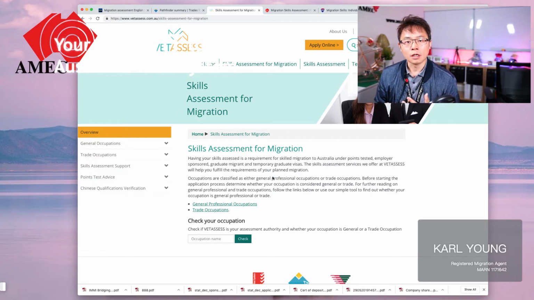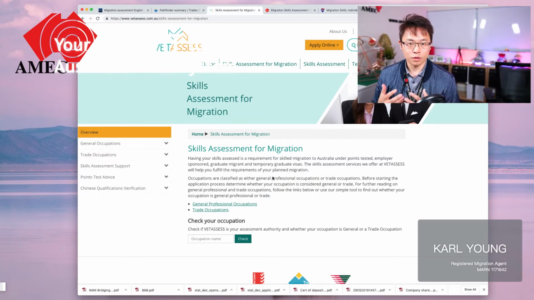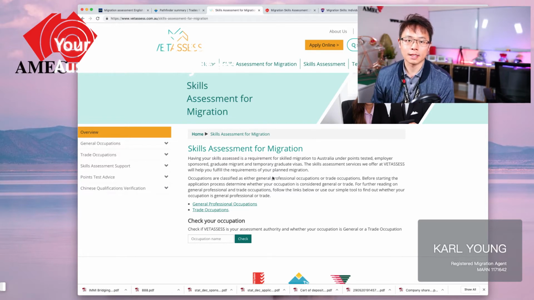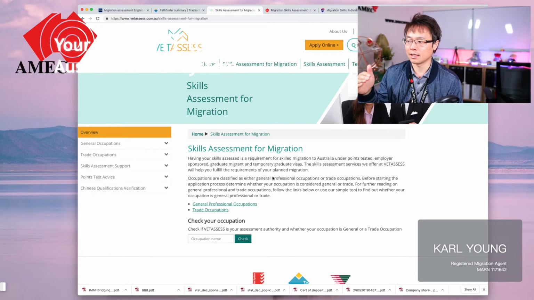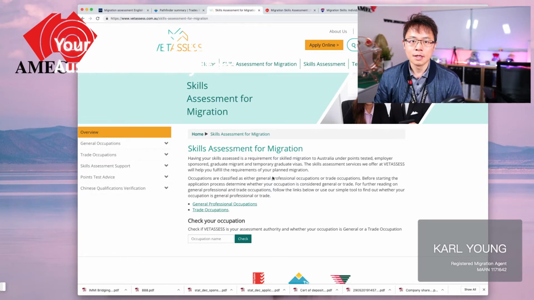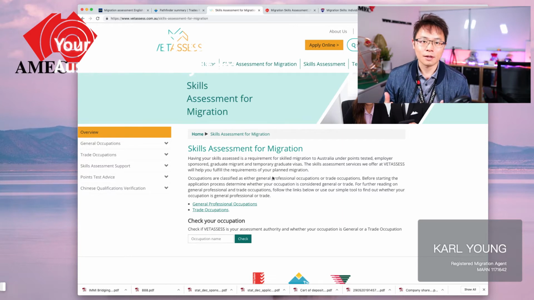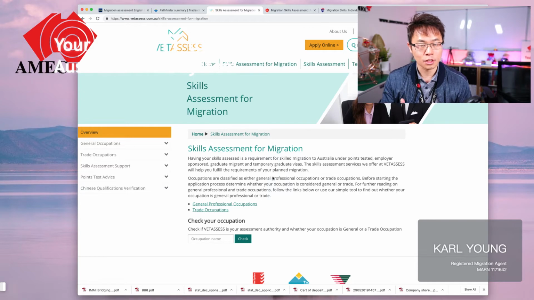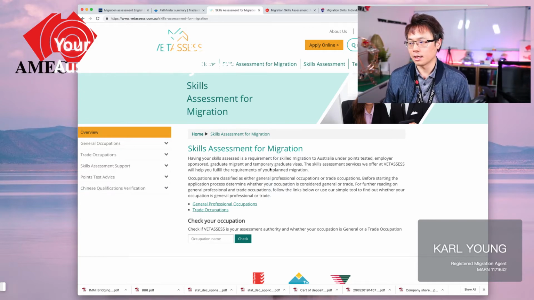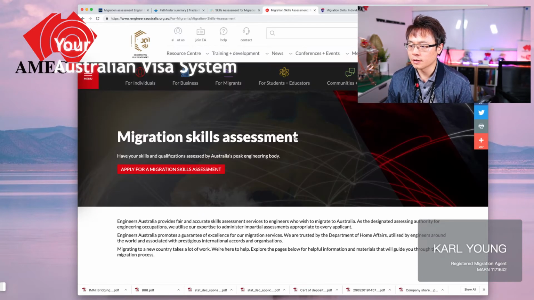I can tell you the only requirement to gain a full skill assessment report from VETASSESS is that you have the right qualifications, and then after you graduated, you have at least 1 year, 12 months, of full-time work experience. Then you will have a positive skill assessment. Just to give you examples, hotel manager, cafe manager, marketing specialist, sales manager will fall into VETASSESS.